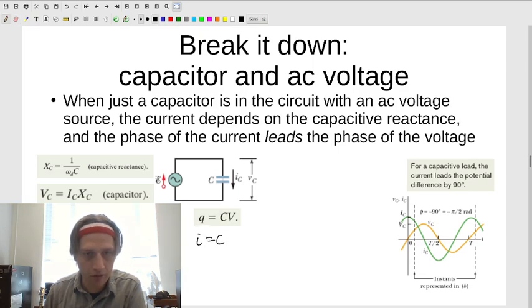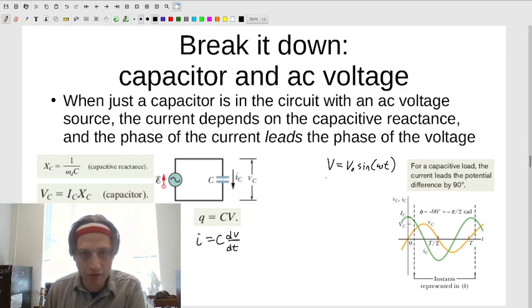I equals C, and then this would be dV/dt. So let's say that I put in some alternating voltage source that looks like the one suggested here. So let's say that V equals some amplitude times sine omega t.